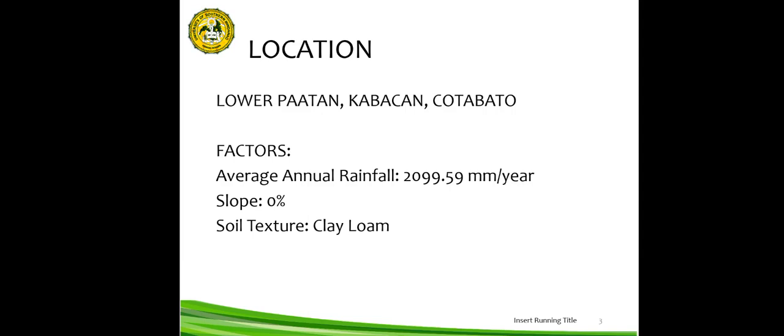The factors that we need to consider are average annual rainfall, which is 2,099.59 mm per year, slope, which is 0% because it is a dug-out pond, and soil texture, which is clay loam.